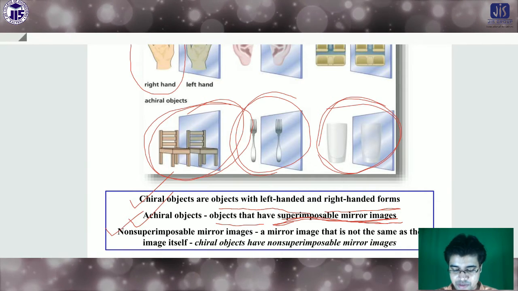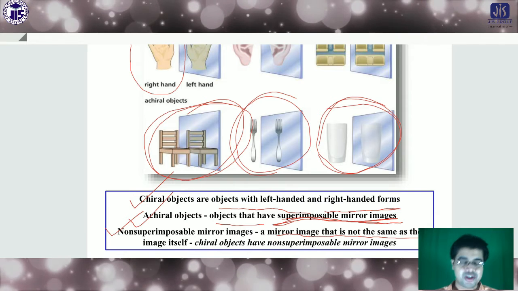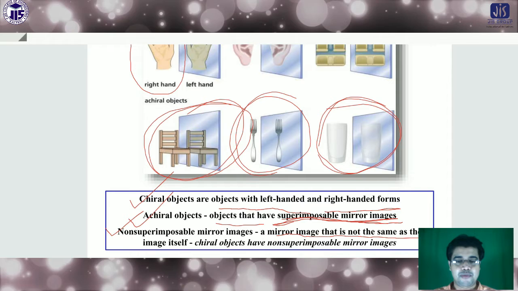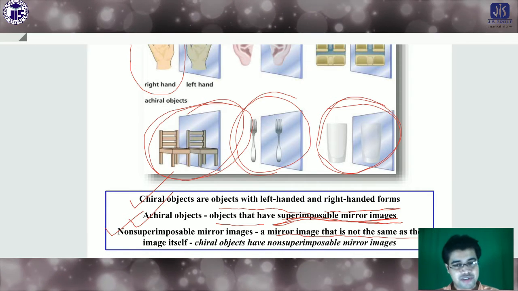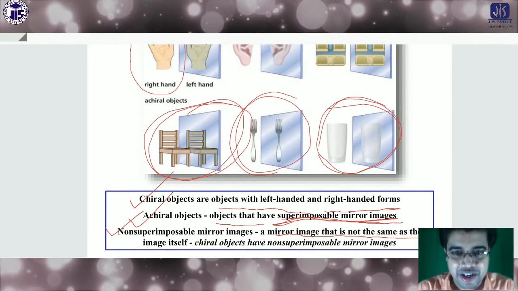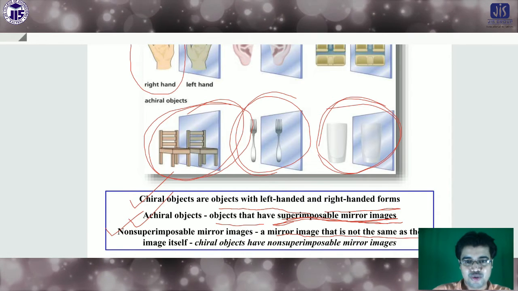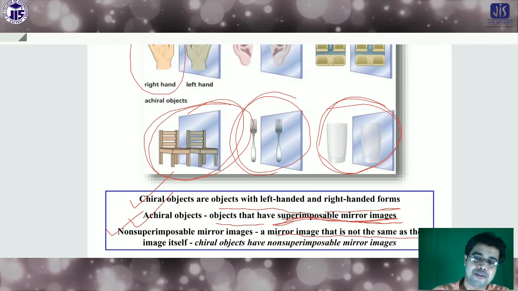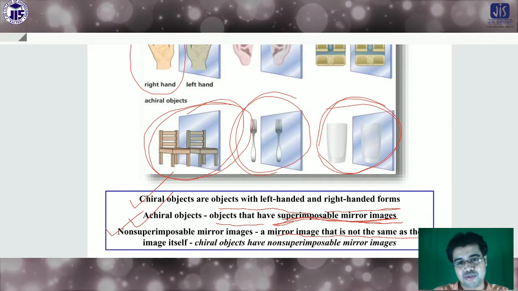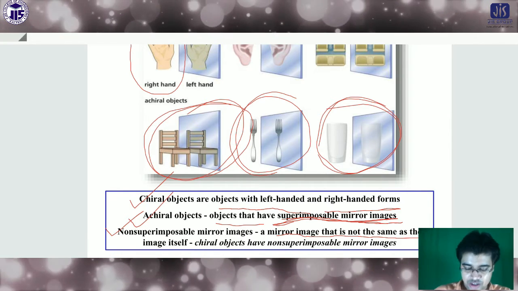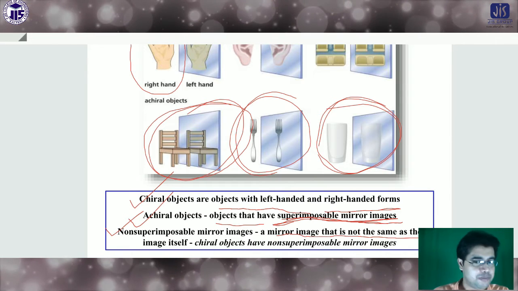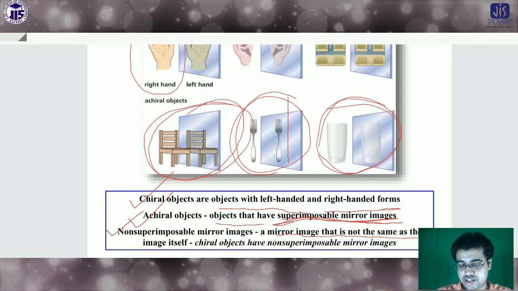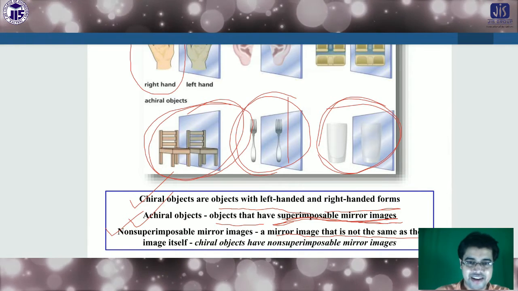A non-superimposable mirror image is a mirror image that is not the same. This is a very important term for your stereochemistry, because non-superimposable mirror image means this is chiral, and achiral means it will be a superimposable mirror image, which overlaps with each other. By this way we can differentiate chiral and achiral depending on the mirror image.